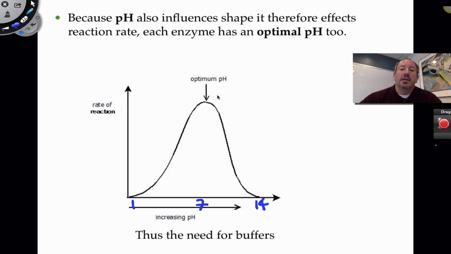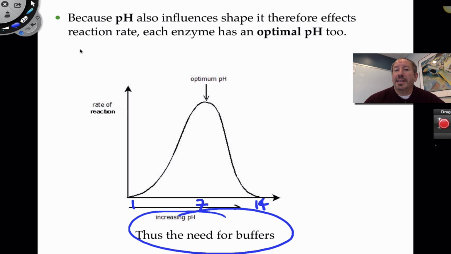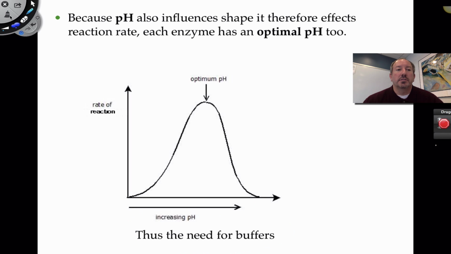And so if you're a cell, it's very important to maintain that 7. You don't want to get too acidic or too basic, and that's the need for buffers. These are weak acid-base conjugates that help to maintain pH. Those are pretty crucial, because if your pH goes astray, perhaps your enzyme activity isn't very good, and therefore you're not very good.